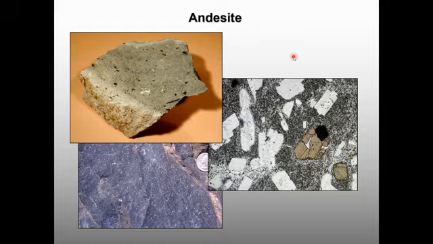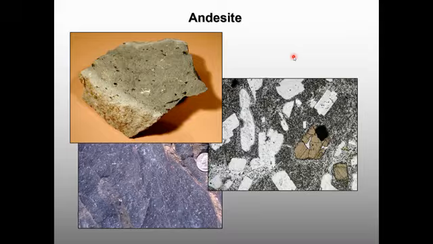You'll also notice that andesites typically are those porphyritic rocks. Why would that be? Remember what porphyritic means? It means that you have a fine-grained groundmass or matrix, like the soft part of your chocolate chip cookie, and then you have in that the phenocrysts, the crystals that are like your chocolate chips.